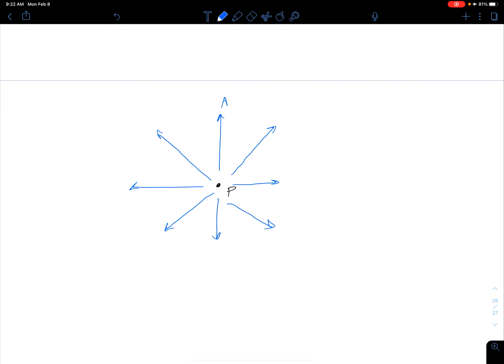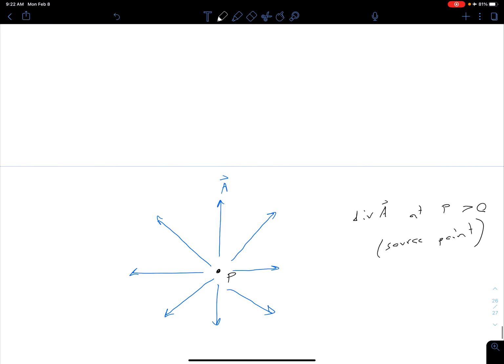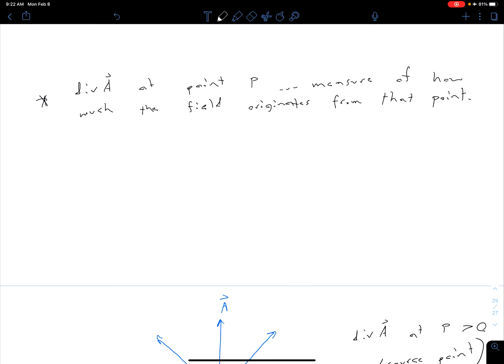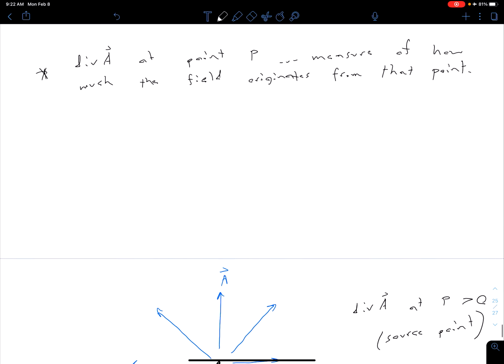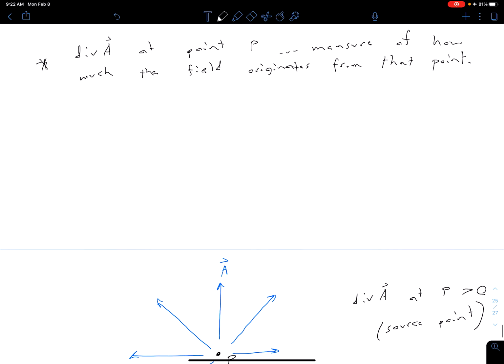So in this case, the divergence of A at P would be greater than 0. What that would indicate is we have a source point at P. Keeping in mind our definition, divergence is quantifying how much the field originates at that point. So a positive divergence indicates we have a field originating at a point P.